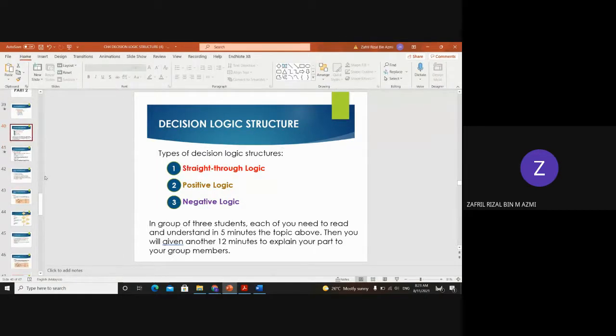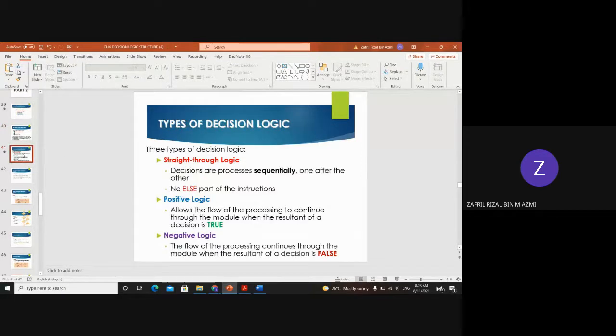So we are going to look at why it is not good to use straight through logic. Straight through logic is using the sequential logic structure. Although it is a decision, it is using a sequential logic structure on the solution.